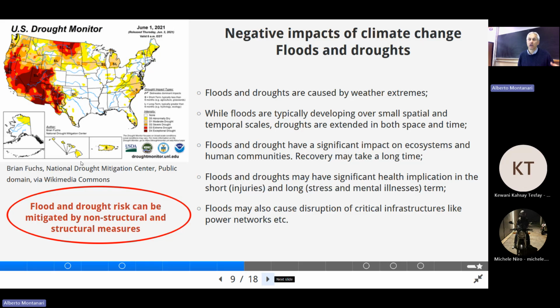And there is a long literature about nature-based solutions and also about structural measures. Today, there is a general trend in looking for nature-based solutions rather than structural measures. And the reason is simply the environmental impact, because basically with a structural measure, I mitigate the impact of structures by making other structures.